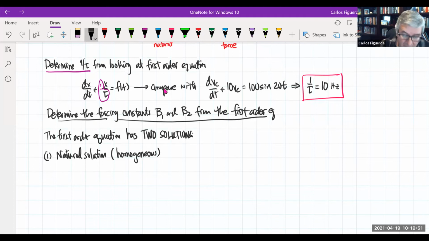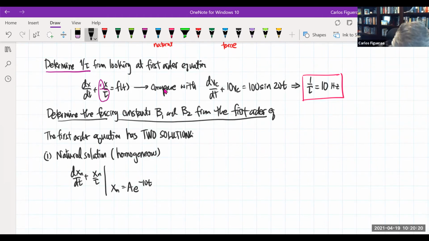What that means is that if you substitute this guy into this equation, if I took the natural solution x of n, which is a e to the minus 10t, and put it into that equation, it gives 0.